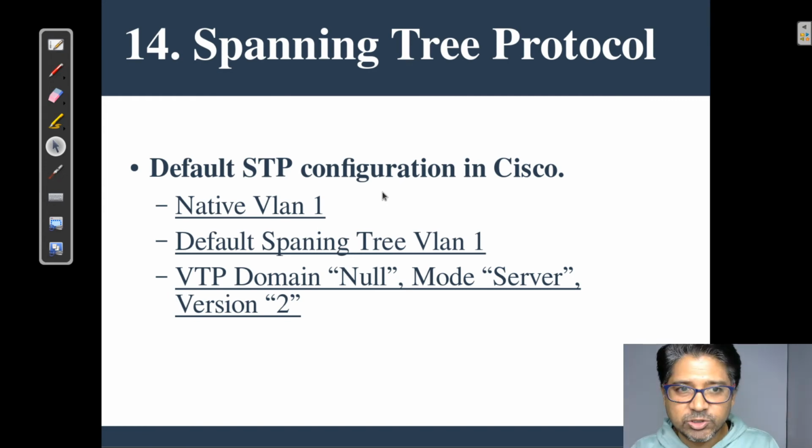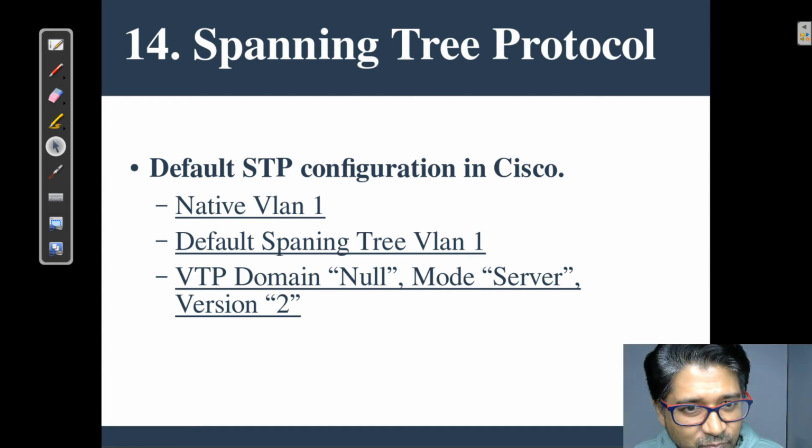What is next? A spanning tree protocol, we're going to continue with the default spanning tree configuration. What do you mean by default? Default means suppose you got one package, and in that there are five things: a study package having a pen, pencil, one notebook, and one small carry bag.